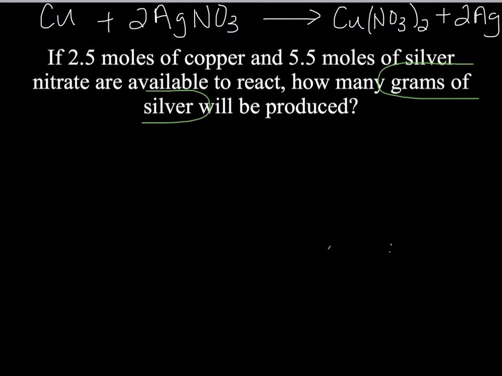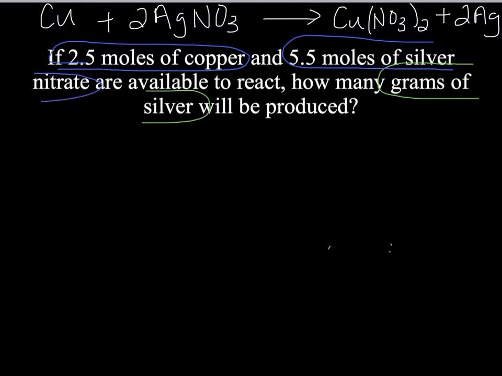Now, what makes this a limiting reactants problem is the fact that we're starting with 2 different quantities of reactant. So we start with 2.5 moles of copper, and we start with 5.5 moles of silver nitrate. So in this case, we're going to need 2 separate T-tables.